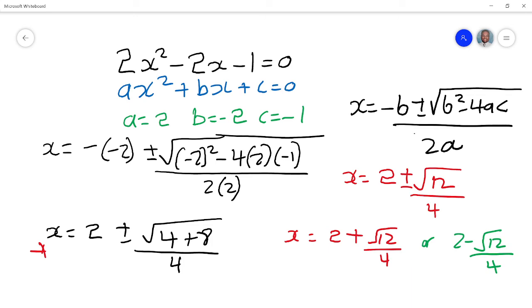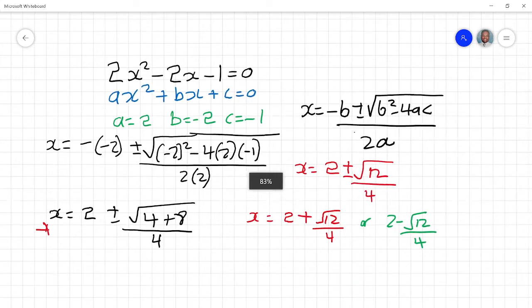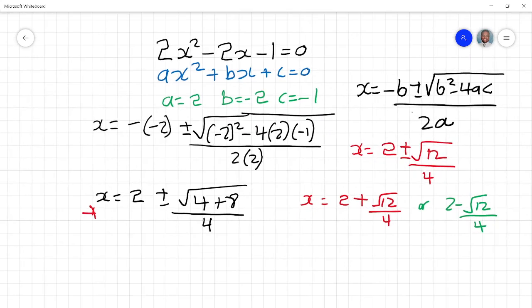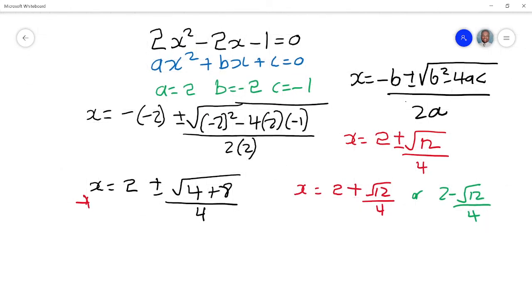Now you can even go a little bit further, and I know I may be digressing away, but going through a topic called surds, all right, where we can say, no, hang on, we've got square root of 12. We can express it as a surd, and that would now be x is equal to 2 plus 2 root 3 over 4. All right, and that would give you the answer in this point.